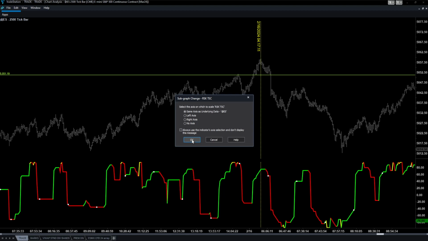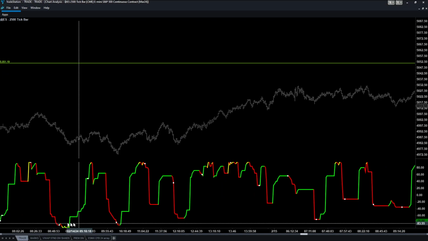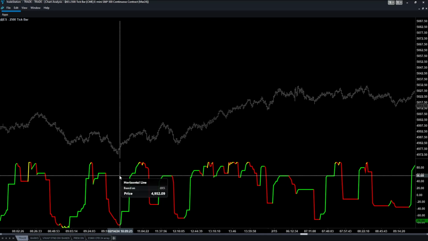And where's the divergence? Right there. Easy to see. You hit the low here, you went lower over here, you waited for the market to come down. And again, it's the same idea that I just described, you've got that problem here too, but it's just easy to see. Okay, here we are.